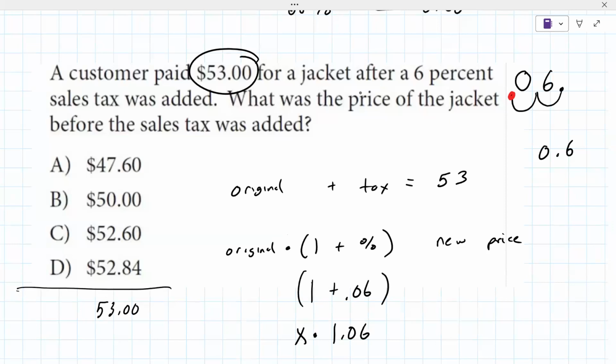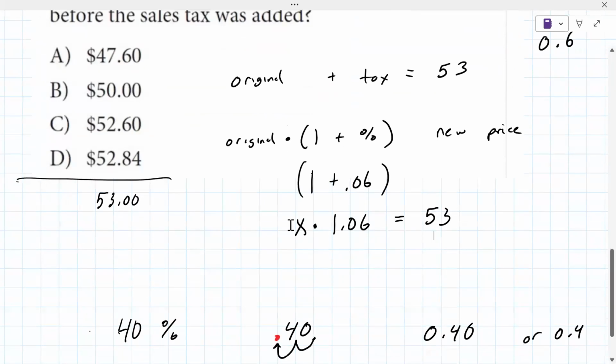Let's call your original price x. How do you solve for x in this equation? You divide by 1.06. Okay, so I'd like you to do that. Okay. No. Are you putting the top number divided by the bottom number?